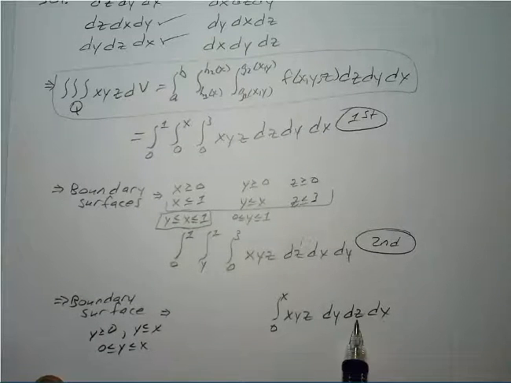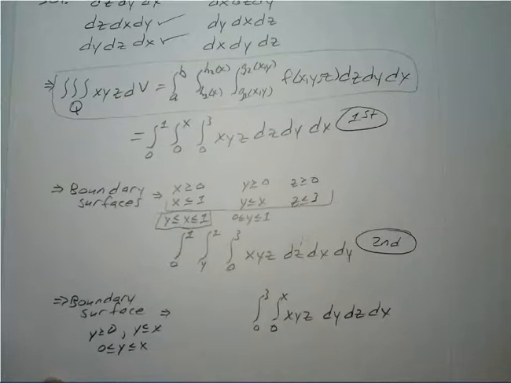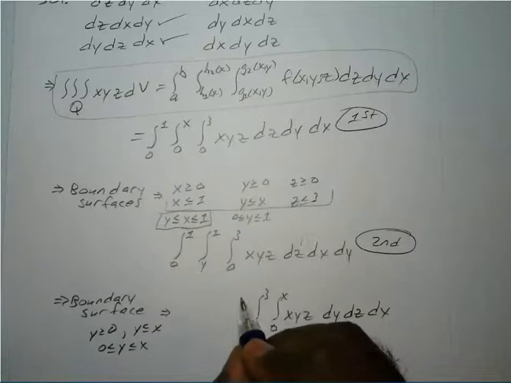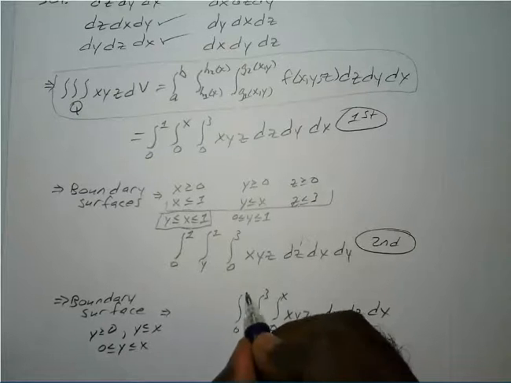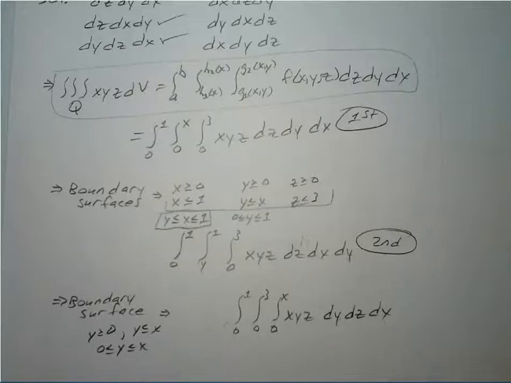With respect to z, that can remain a constant between 0 and 3. And our x can be between 0 and 1, because remember, that's our final integration, so we just want to plug in our constant.